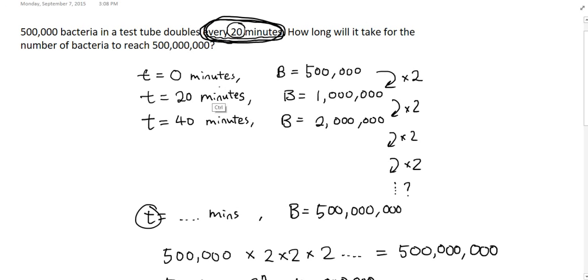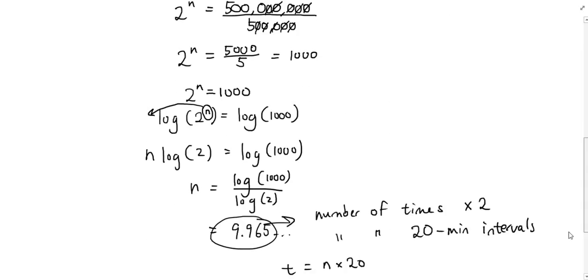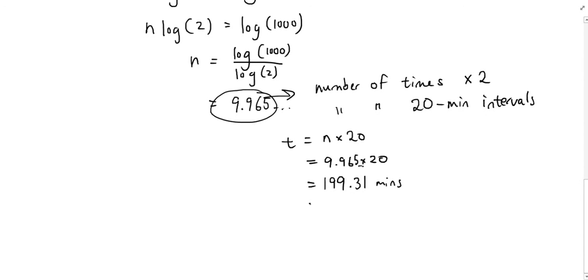So we actually have to say 200 minutes in this case, because the question does not really define whether the bacteria is increasing gradually, or doubling at the end of the 20 minutes. It doesn't say that very specifically. So really we can only say 200 minutes in our answer.